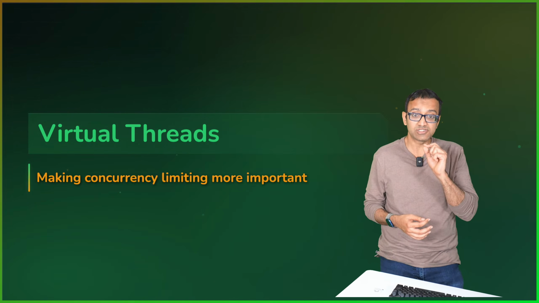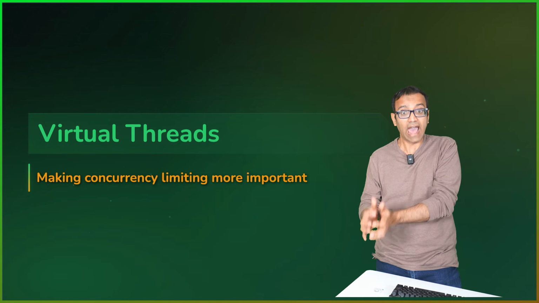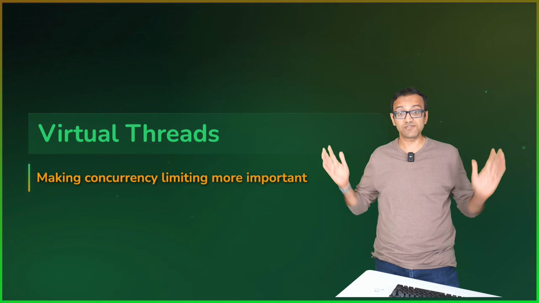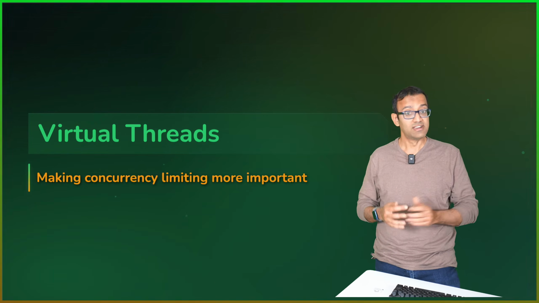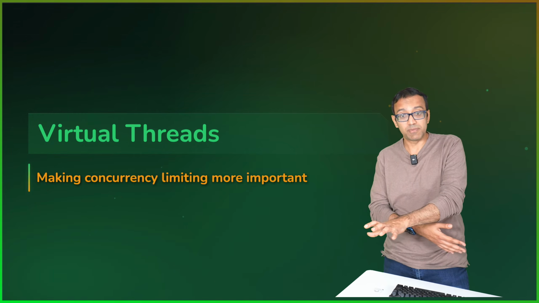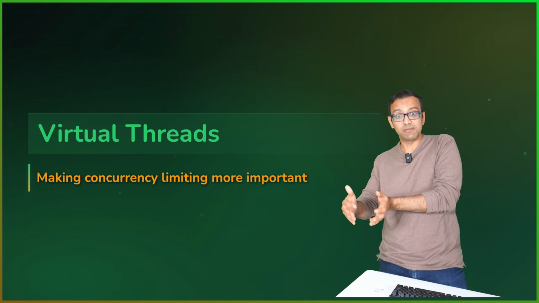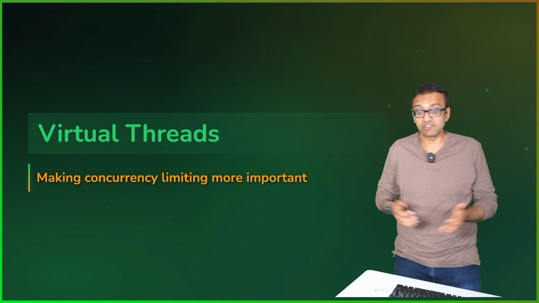Only when a thread needs to be executed do you pop it off your virtual store and put it on an actual operating system thread. So you can have thousands of threads waiting, even though your operating system threads are maybe just 5. They're waiting there, not consuming operating system threads. Only when it's time to execute does it hop on the main operating system thread bus, execute, and come off. So you can have as many threads as you want.